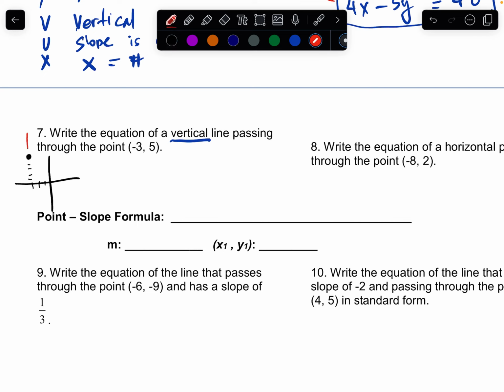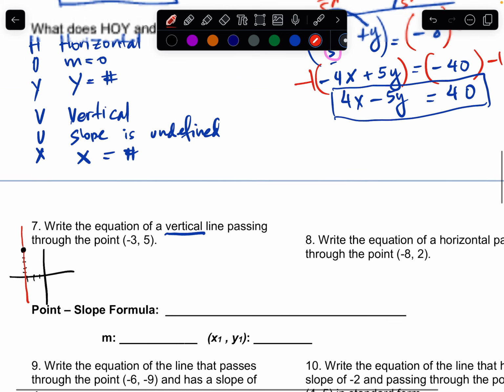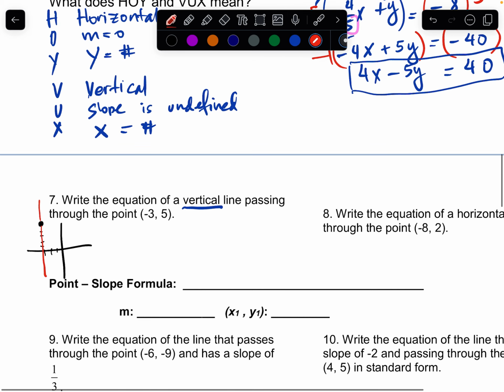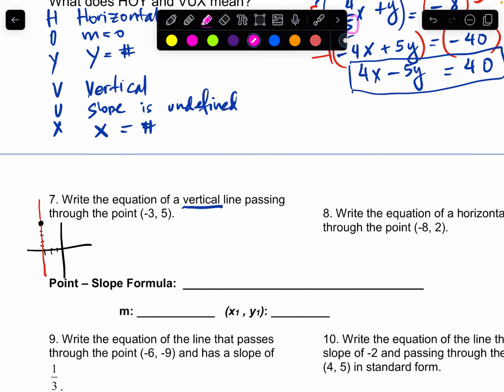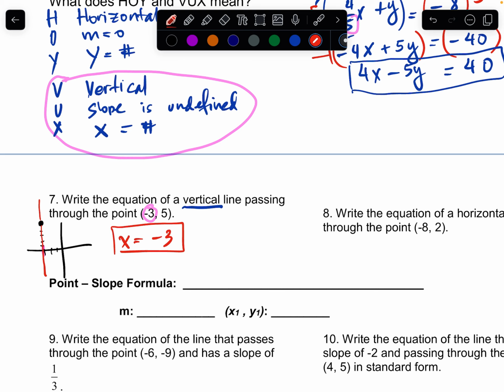Because it's vertical, it should look like this. Looking at VUX, it says vertical, slope is undefined, and it's x equals a number. So you're going to say x is equal to negative 3. That is your equation.